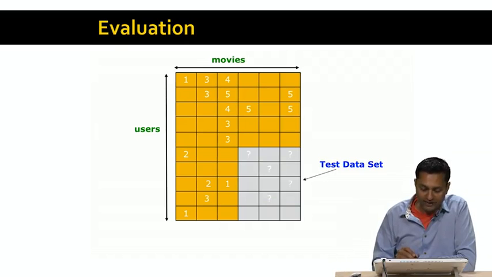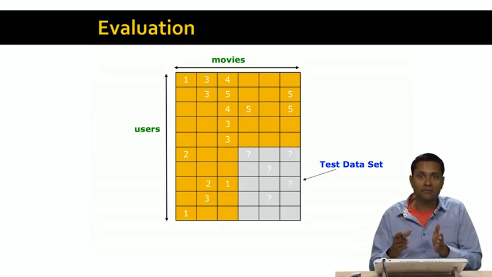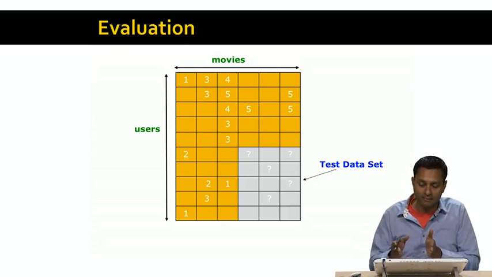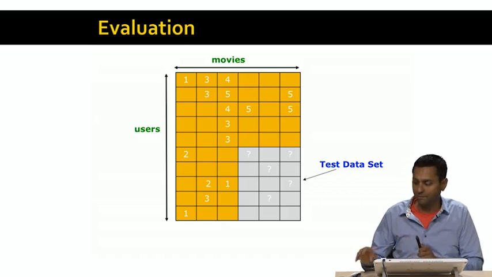We know these ratings, but we're going to withhold them from the algorithm. So we'll call this the test data set or the withheld ratings. For the purposes of the algorithm, these are treated the same as unknown or blank ratings. But in fact, we know what these ratings are, so we can use our algorithm to predict these ratings and then compare them against the actual ratings and see how well the algorithm performed.